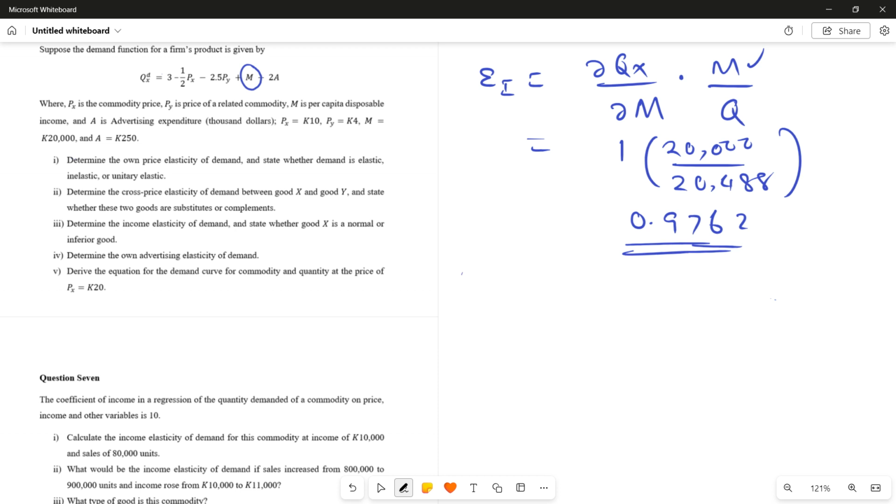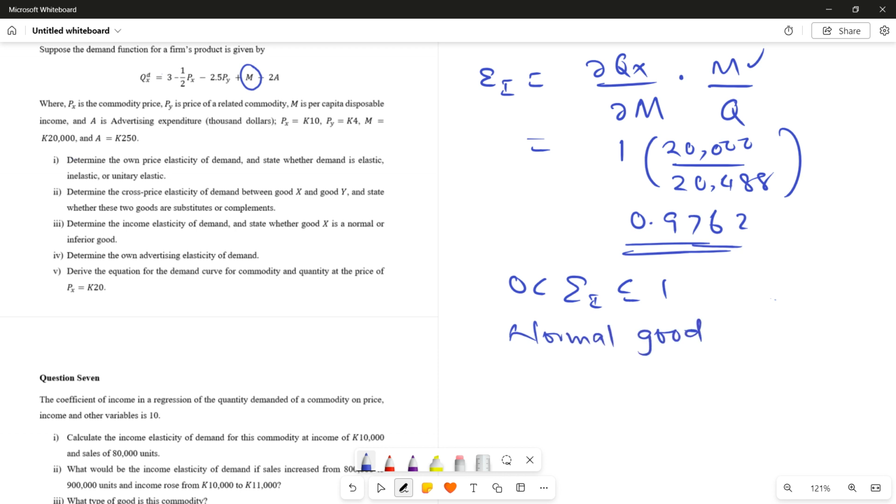In short, let me say this: if your income elasticity of demand lies between 1 and 0, which means it's positive, it means that we are dealing with what is called a normal good.